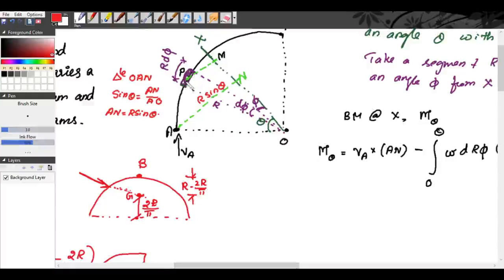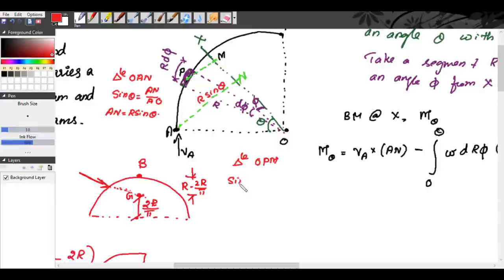Now what is PM? In order to make you understand, I have drawn it as a larger section. Actually this segment makes an angle of pi with the x-axis. So we will take triangle OPM. It is actually a very small segment.